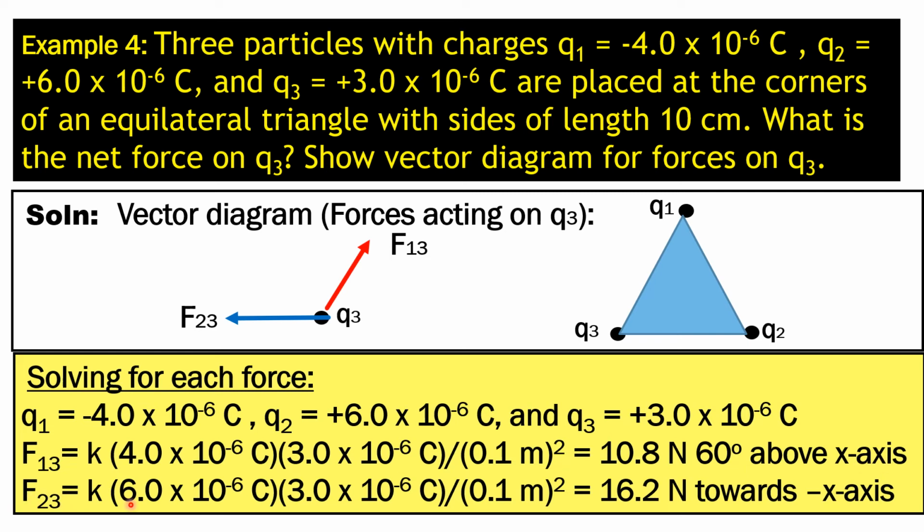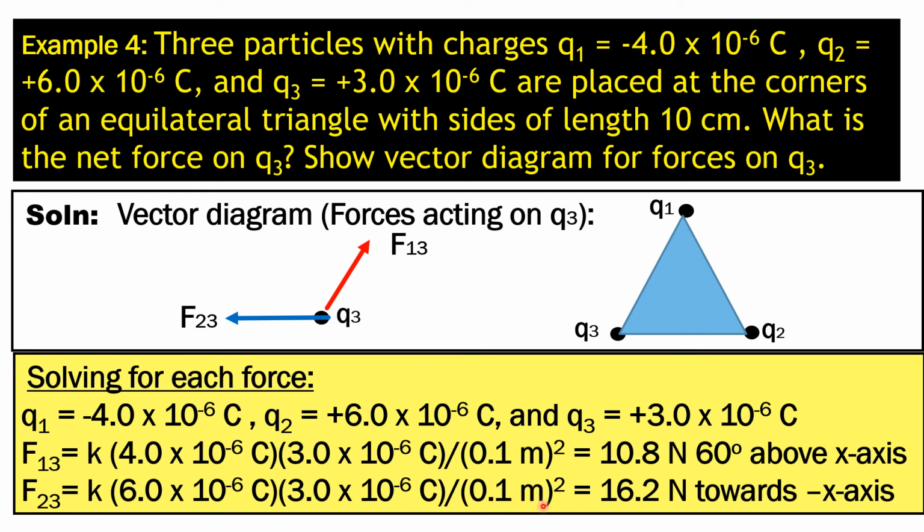How about for F23? That's the force exerted by charge Q2 on charge Q3. So we just again substitute. 6 raised to the negative 6 is the charge of Q2, and the charge of Q3, which is 3 raised to the negative 6 coulomb, divided by the same separation distance, 0.1 meters.